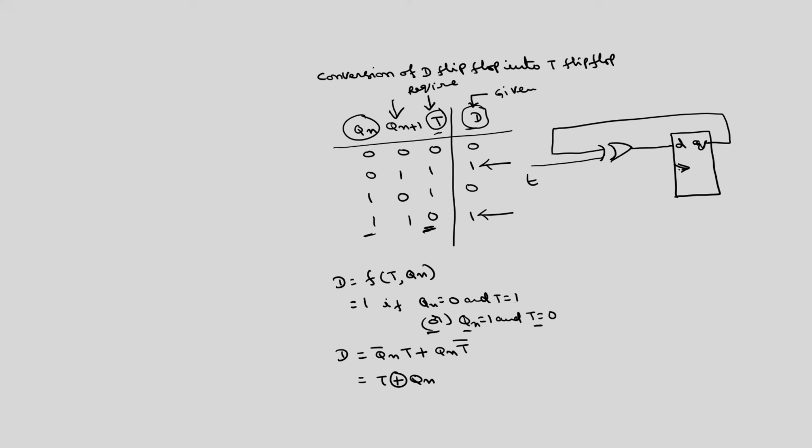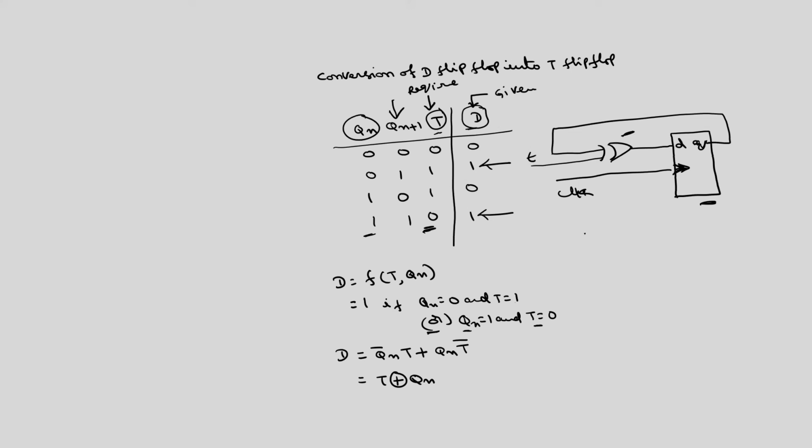And this clock is of course common to both. This is the overall circuit diagram of T flip flop using D flip flop. This is the conversion logic.